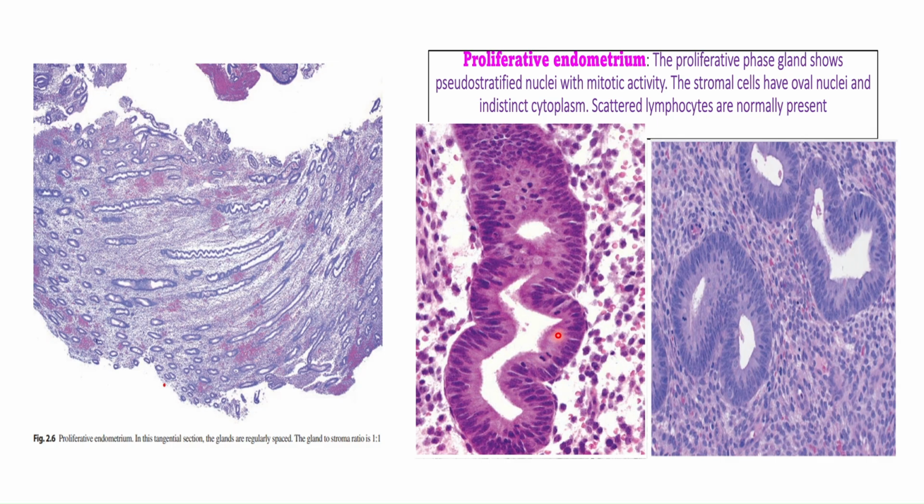So, in proliferative phase, you have to see mitosis in glands as well as mitosis in stroma. And some scattered lymphocytes are seen in the proliferative stroma. So, these are the mitotic figures, and this is called pseudostratification of the nuclei.